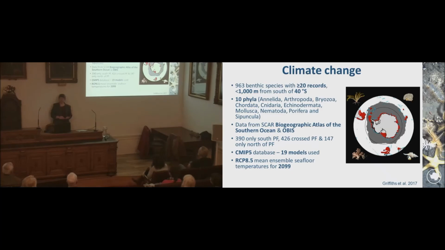We looked at 10 phyla where we had the best taxonomic confirmation and knowledge of the species. We took the data from the SCAR Biogeographic Atlas of the Southern Ocean. Of these 1,000 species where we have a good ecological record, only 390 species occur only south of the polar front, 430 cross the polar front, and 150 live mostly north of the current polar front.